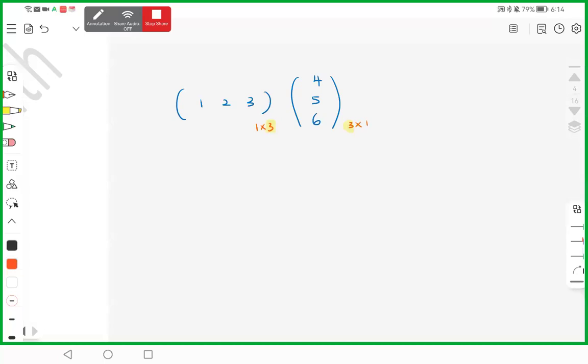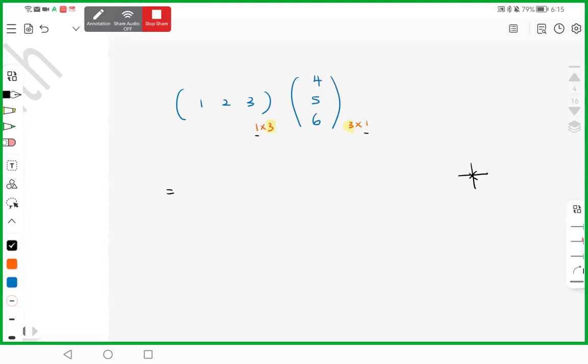Okay, can. Then after that, what is the new order? 1 times 1 only, right? Yes, very good. So one row, one column, meaning only got one baby.